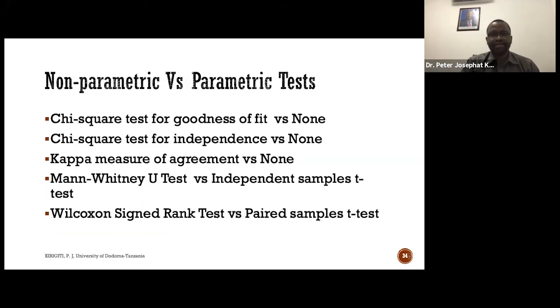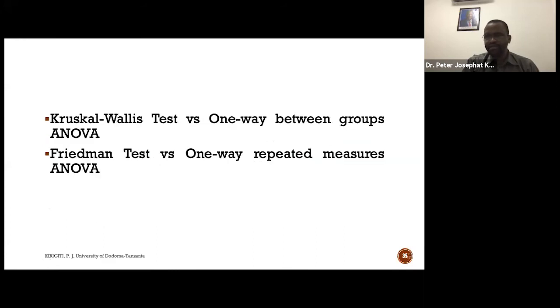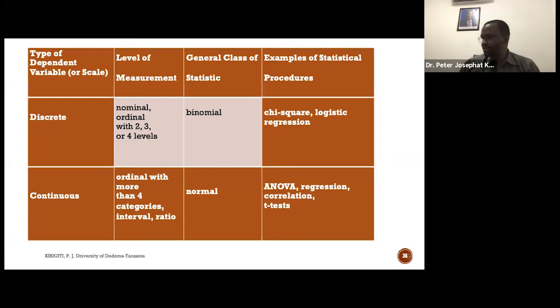For instance, if you want to adapt the independent sample t-test, and the assumptions fail, then it is recommended you go for the Mann-Whitney U-test. Or for the paired sample t-test, you'll be recommended to go to the Wilcoxon signed-rank test. The same here, Kruskal-Wallis against one-way ANOVA, Friedman test against one-way repeated measures.